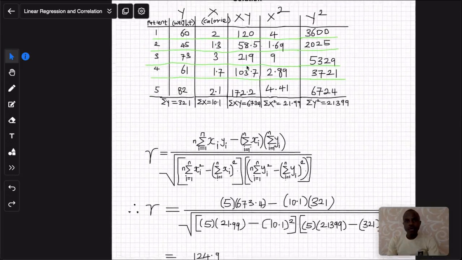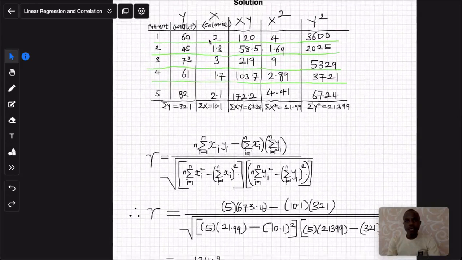You already know that to obtain this one, you sum everything here, you get summation y. You sum everything straight down, you get summation x. Then you multiply y by x: 60 times 2, 120; 45 times 1.3, 58.5. You do that for all the other columns, and sum them straight down.